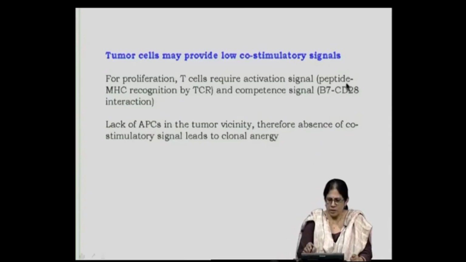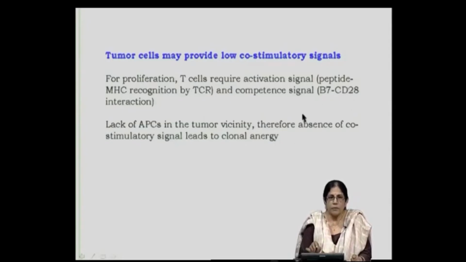So, for activation it is only the recognition, but for proliferation a competence signal, B7 on the antigen presenting cells and CD28 on the T cells, this kind of an interaction is required.